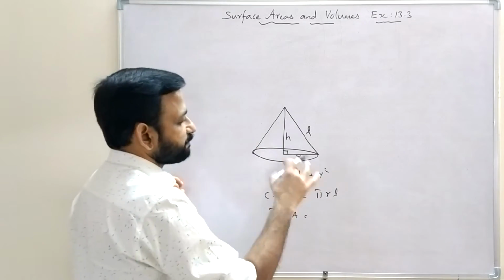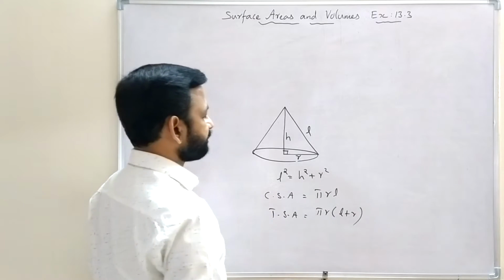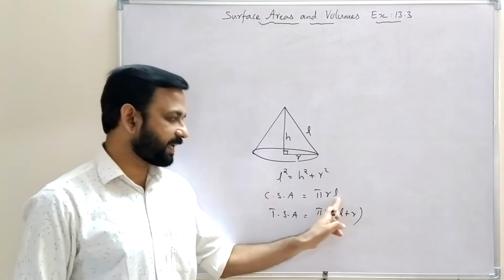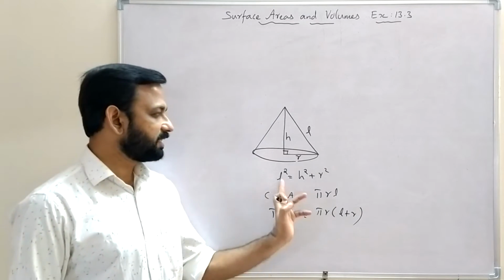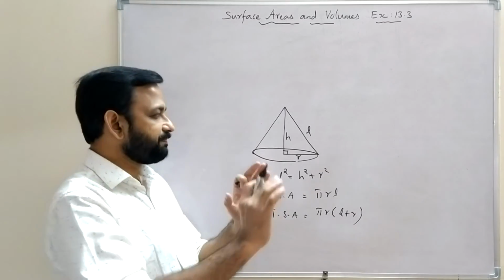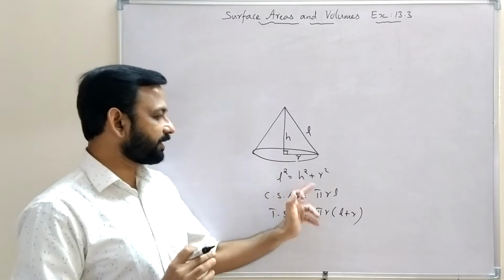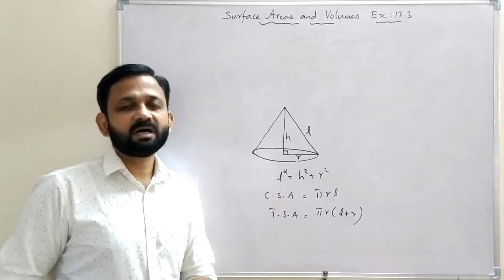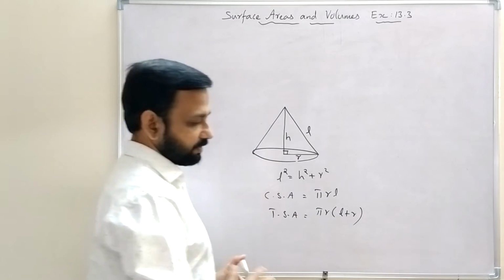So pi RL plus pi r square, that is pi r into L plus r. So curved surface area of a cone is pi RL, total surface area of a cone is pi r into L plus r. Then the relationship between slant height and radius of the cone, that is L square equal to h square plus r square. So this is the formula related to area of cone.